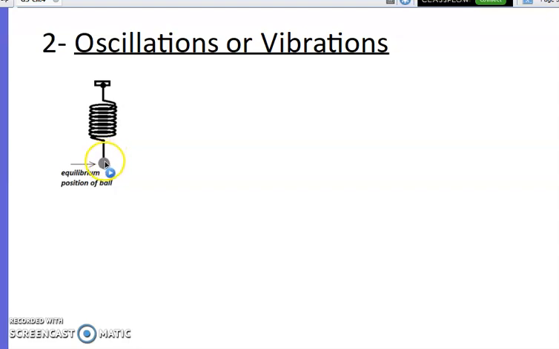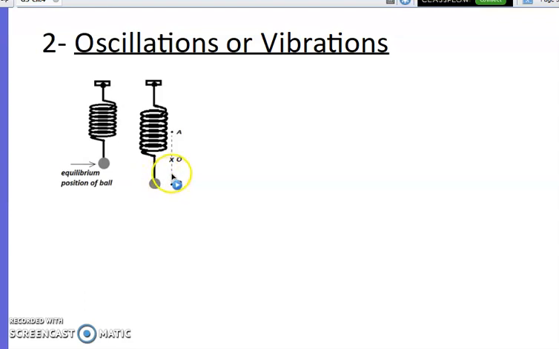Now let's displace this particle slightly downward or upward. What happened to it? You see it moves up and down. So this motion of up and down around the equilibrium position O is called oscillations or vibrations of the ball.